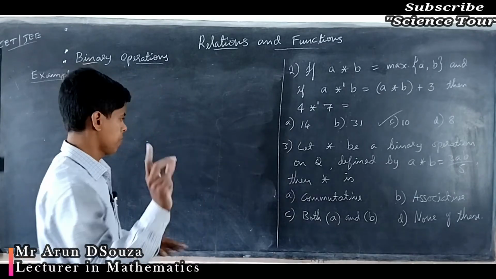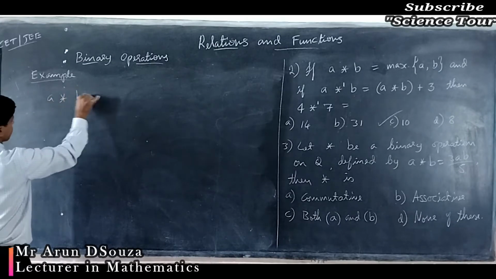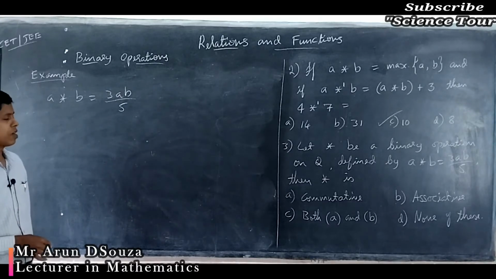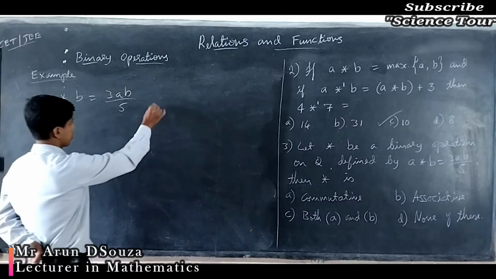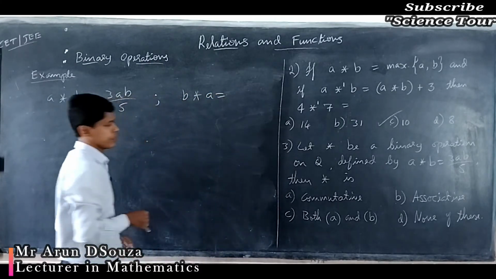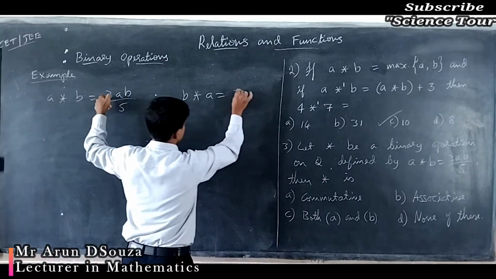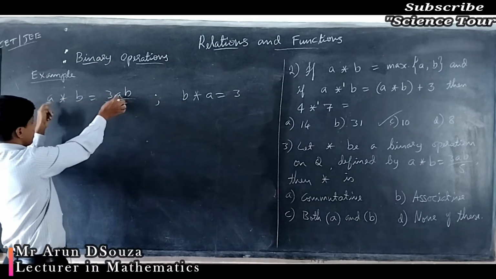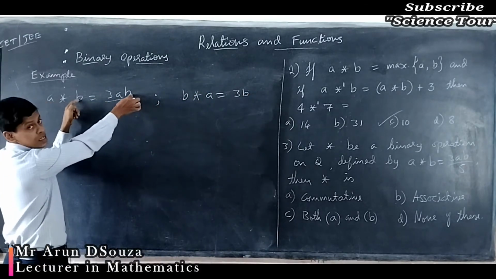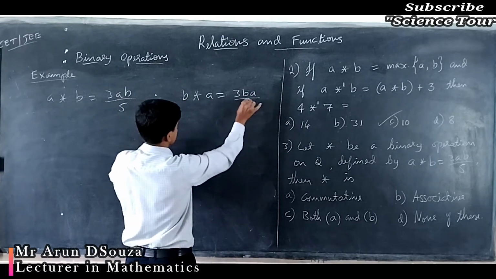All right, A star B. So A star B is equal to 3AB by 5. What is B star A? Understand, in place of A now you have got B. So when you write the answer, in place of A I must write B, and in place of B I must write A, divided by 5, is same.